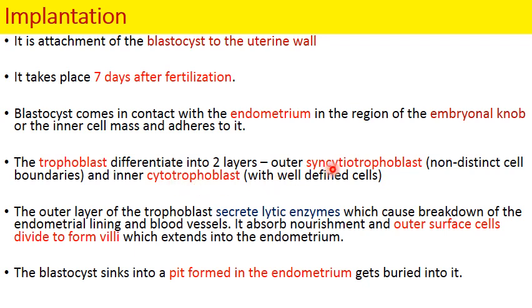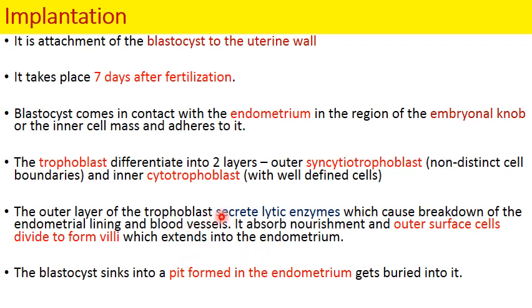Since the outer layer, the syncytial trophoblast, is just a mass of cytoplasm with nuclei in it, it secretes lytic enzymes, proteolytic enzymes, which cause breakdown of the endometrial lining and the blood vessels of the endometrium. And this trophoblast will absorb nourishment, and the syncytial trophoblast will divide and form villi, which extend into the endometrium.